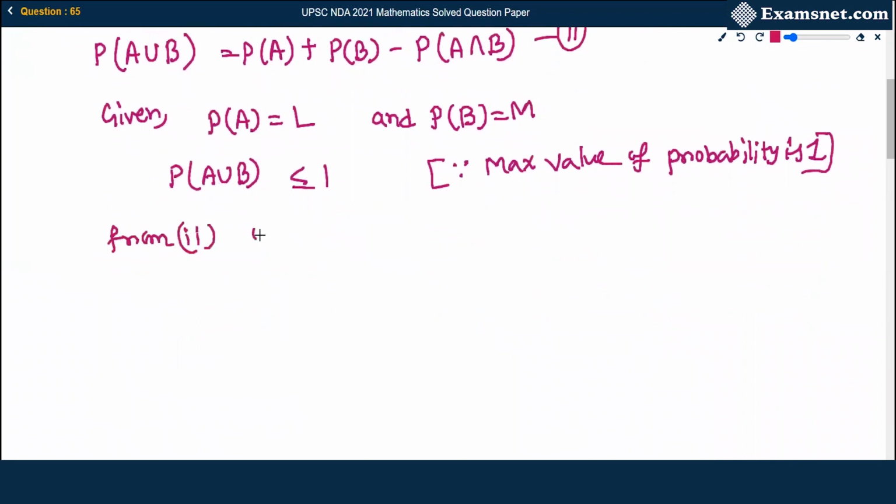From 2 we get P(A) plus P(B) minus P(A intersection B) less than or equal to 1.